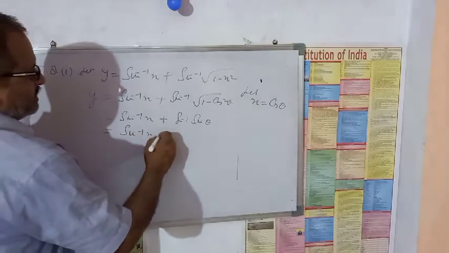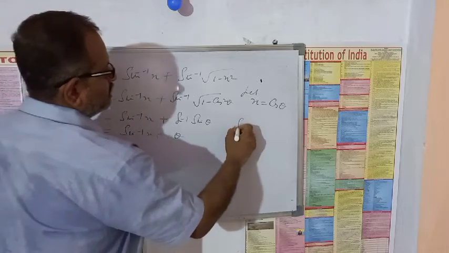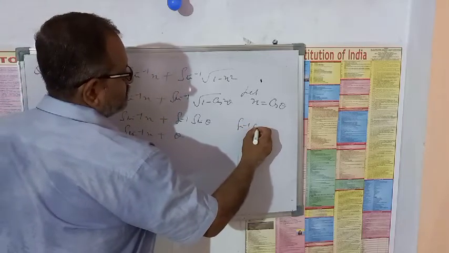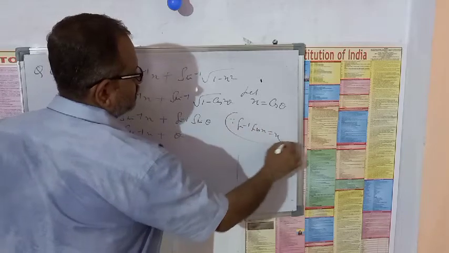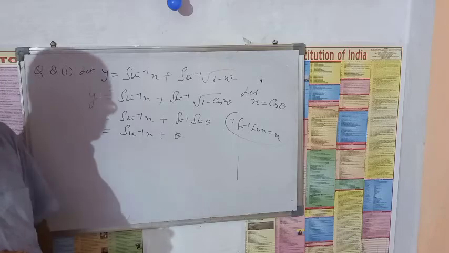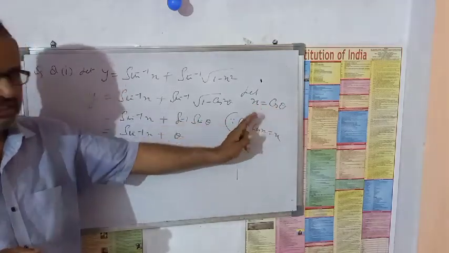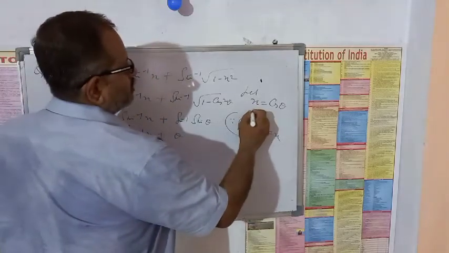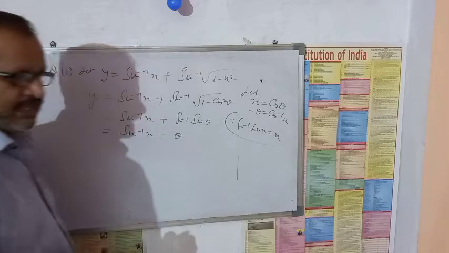Sine inverse sine x is equal to x, so sine inverse sine theta is equal to theta. Now we will put theta. X is equal to cos theta, so theta is cos inverse x.